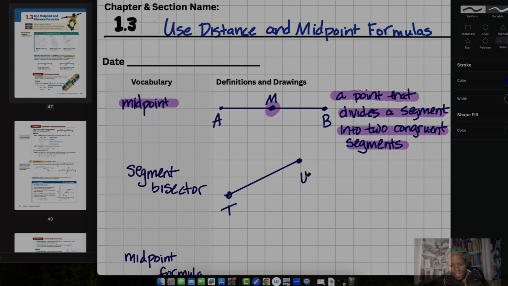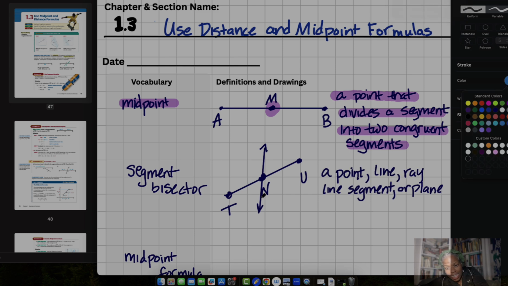If I have line segment TU and line segment TU has a midpoint, and let's call the midpoint N, any line or ray or plane or other segment, anything that comes through that point is called a segment bisector. So a segment bisector is going to be a line, a plane, anything that's going to cross through the midpoint of that segment.